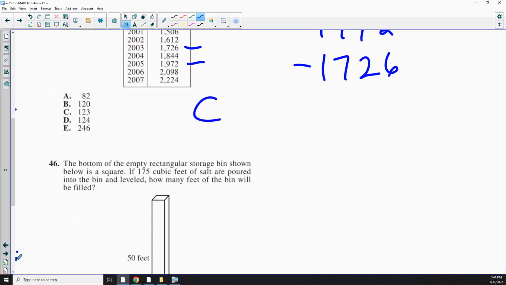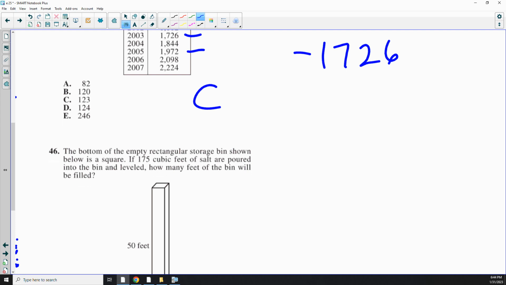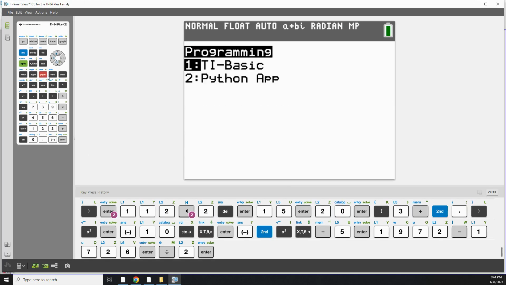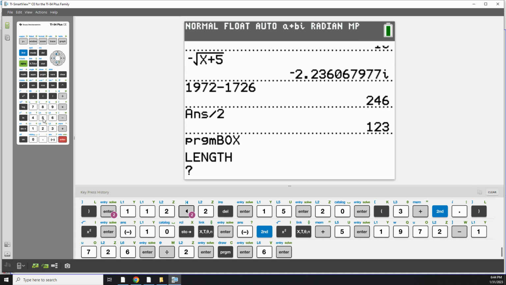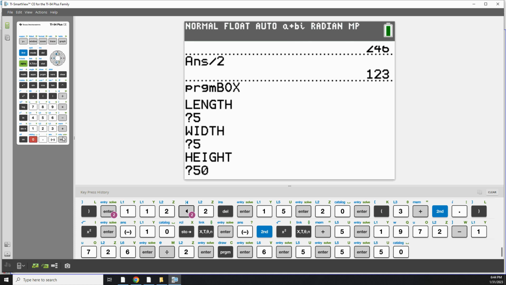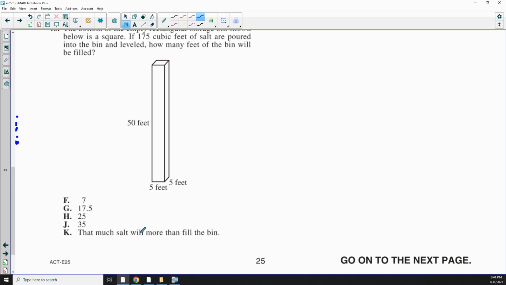Oh, I love this one. How much of the bin is filled? So I just do box, and I see that the box is 50 by 5 by 5. Well, do y'all know that answer without me doing box? It would be 50 times 5 times 5. So the volume is 1250. And I am pouring 175.